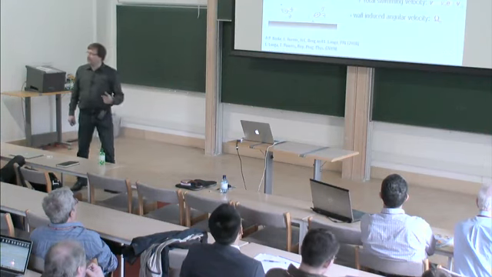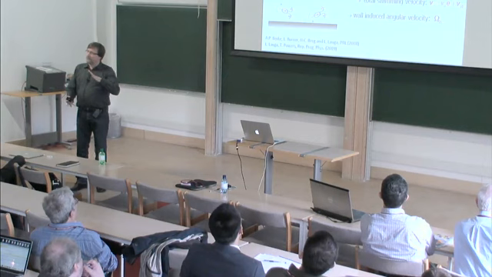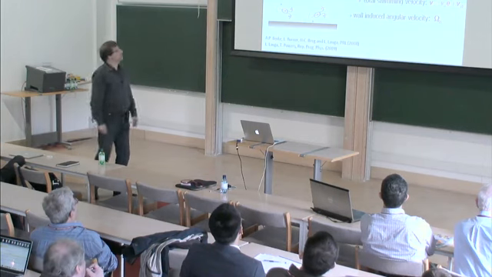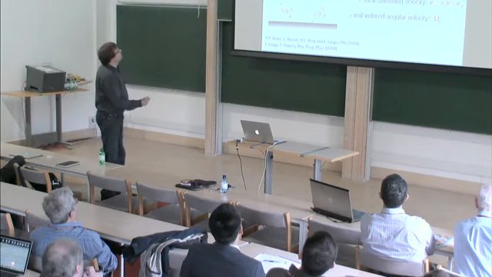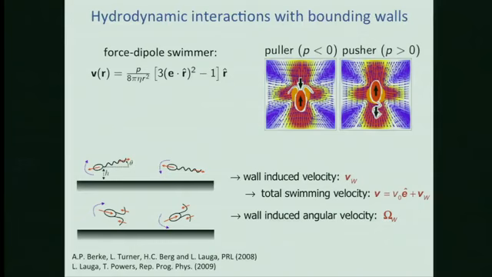Okay, so the next point is what happens when we bring in interactions with surfaces. So we have a force-dipole swimmer here. That's the simplest approximation of a swimmer. The flow field decays with 1 over r squared, and you have a puller or a pusher, and I don't have to explain what that is.